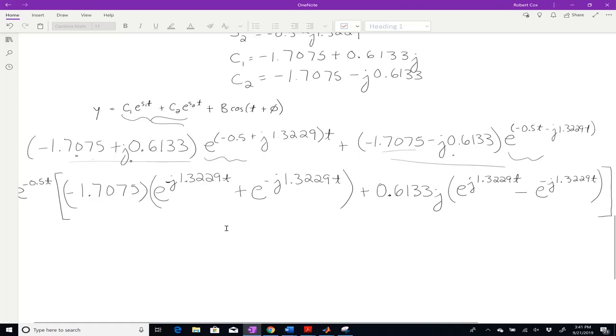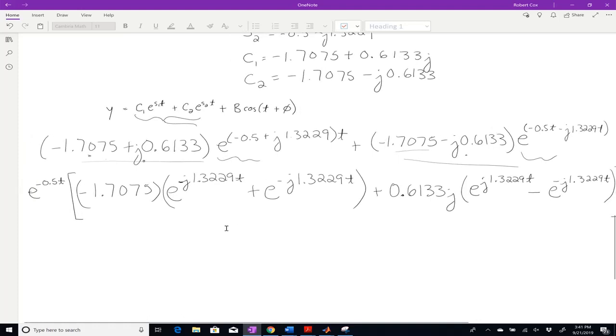And I put a big bracket around all of it because I factored out the e to the negative 0.5t here.